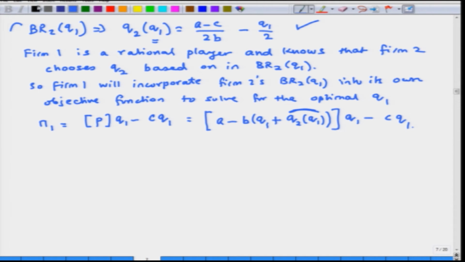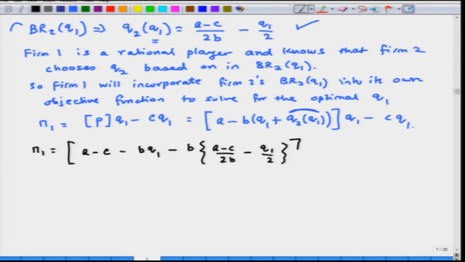So, let us do that. Firm 1's profit, pi 1, is A minus, we can include the C also together, take the Q1 outside, minus BQ1 minus B times Q2, well Q2 is (A minus C) divided by 2B minus Q1 by 2, times Q1.